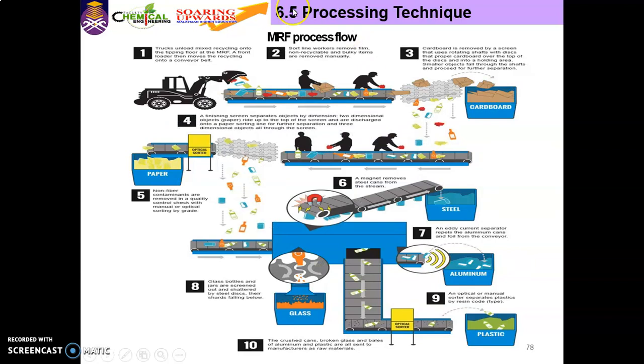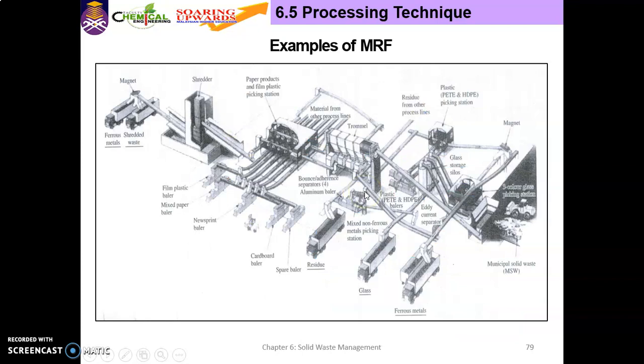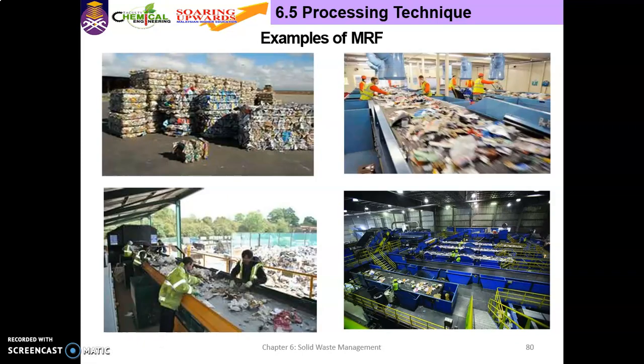If you look here, some use manual sorting, some use equipment, for example the magnet. Okay, example of MRF, again: the dump of solid waste, and then sorting depending on the type of waste: cardboard, papers, bottles, metal.